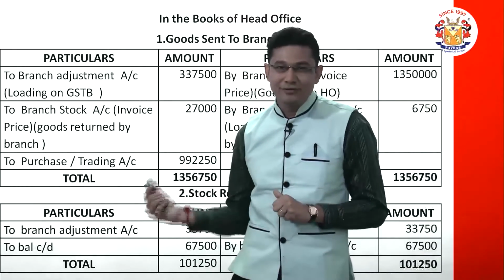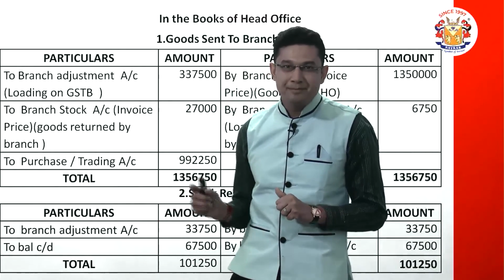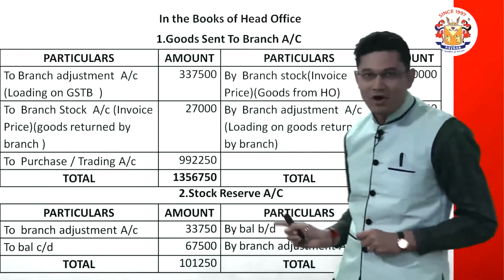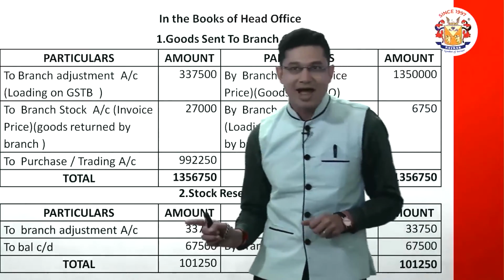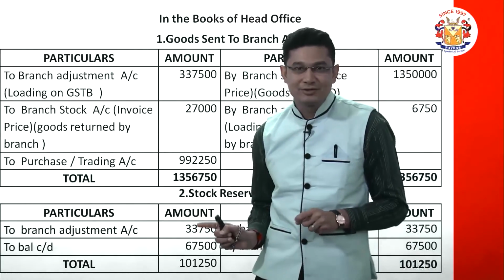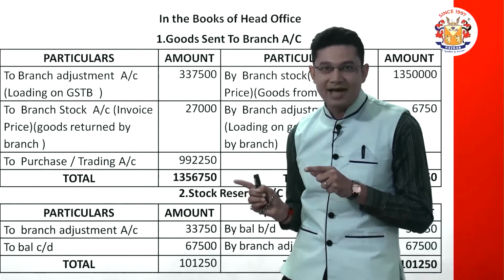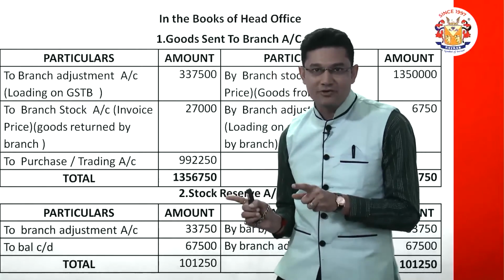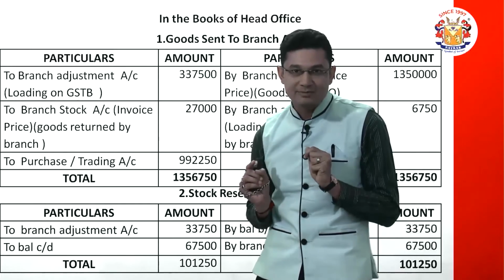By way of opening stock reserve, you can pass this entry on the opposite side, writing 33750: stock reserve account debit to branch adjustment account.